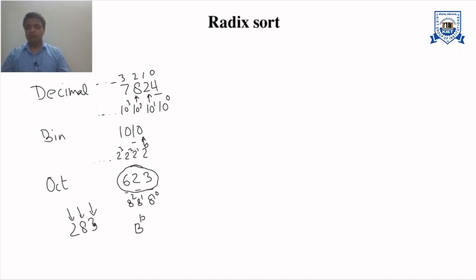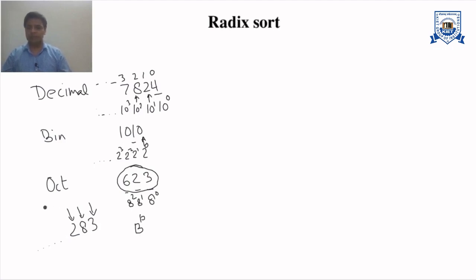First we perform sorting on the basis of the unit place digit, and once it is sorted, we perform sorting on the basis of the digit at the 10s place. After that, we again perform sorting on the 2 at the 100s place value, and this process keeps going till we reach the maximum number of digits.